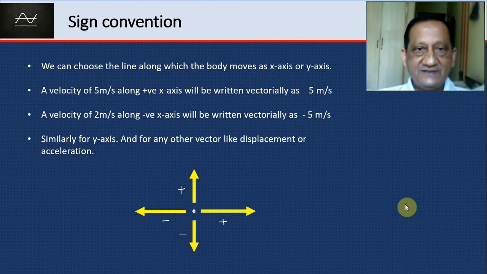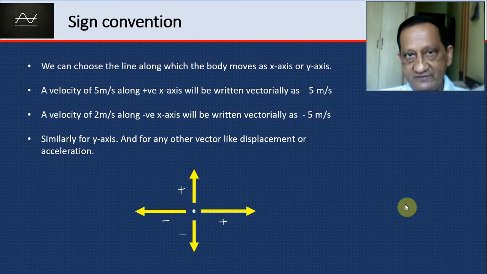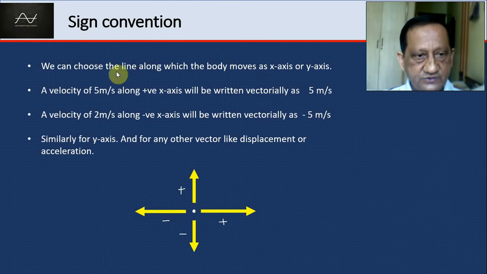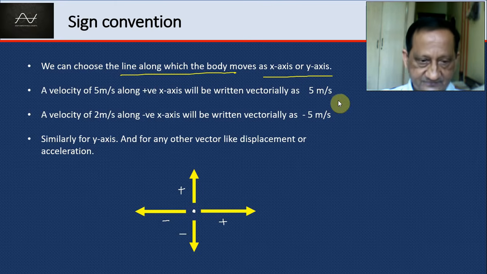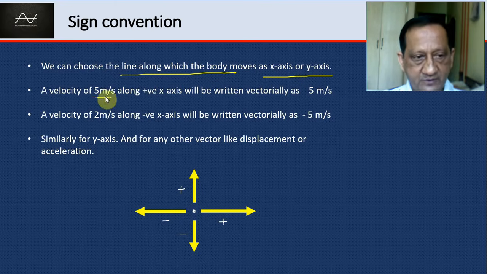So finally, let's end this session with the sign convention when you're talking of vectors. We have to indicate the direction, right? And since it is going in a straight line, we can take either the x-axis or the y-axis. We can choose the line along which the body moves as the x-axis or y-axis. So suppose the body has a velocity of 5 meters per second along the positive x-axis.